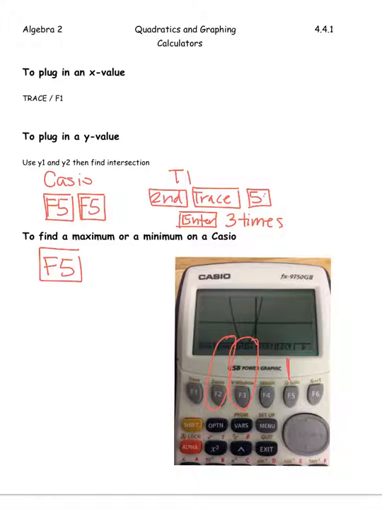So you have to look at your picture and decide if you have a minimum value or a maximum value. And then you press either F2 or F3 and wait for the calculator to give you your answer. On the graph you see right there, that's a minimum value, so we would have to press F3.